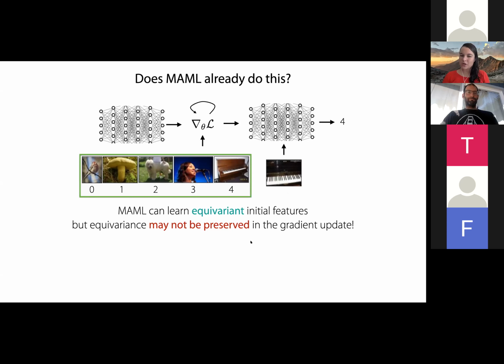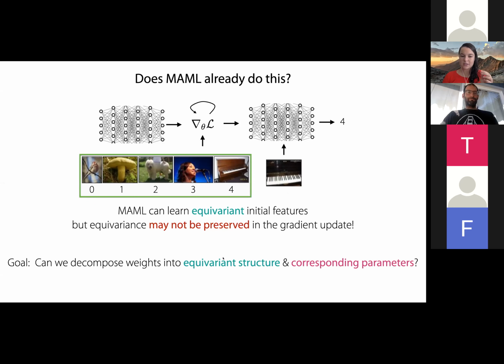So what we're going to try to do instead is to essentially decompose the weights of a neural network into the equivariant structure or the symmetry structure and the corresponding parameters. And if we can do this, then in the inner loop, in the gradient step, we can only update the parameters and retain any equivariant or invariant structure.